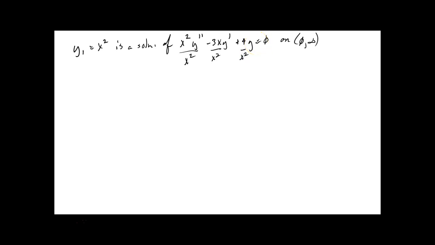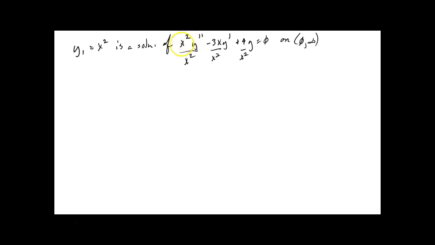Okay? Now we see one reason that x can't be 0, okay, is that we're dividing by x squared. But of course we knew that couldn't be 0 either because that was your coefficient of your y double prime, and that can never be 0. So therefore x is either going to be less than 0 or greater than 0. They chose to have us do these on the positive side.